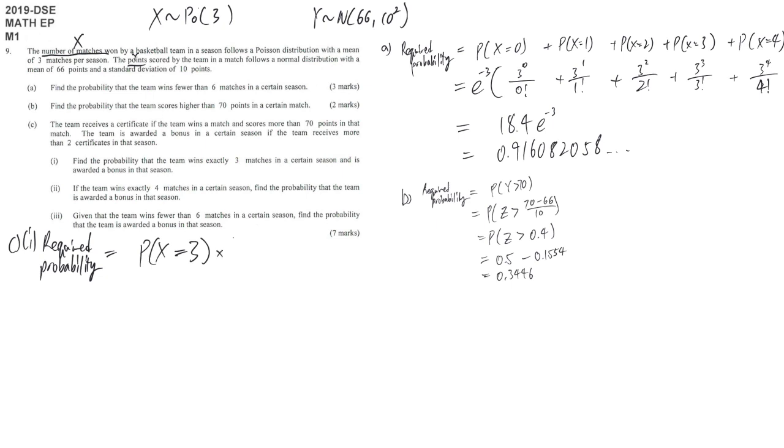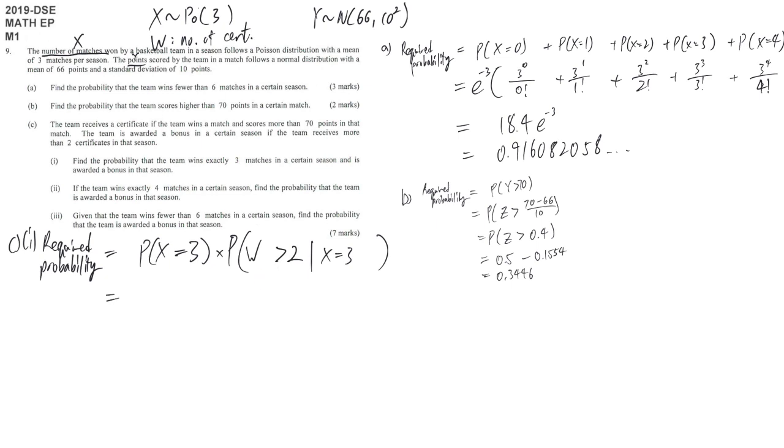And the second stage is, given that they win 3 matches already, among those 3 matches we need more than 2 certificates, which means it can't be exactly 2, it needs to be larger than 2. Maybe I let W be the random variable, the number of certificates, so here we are talking about W larger than 2.